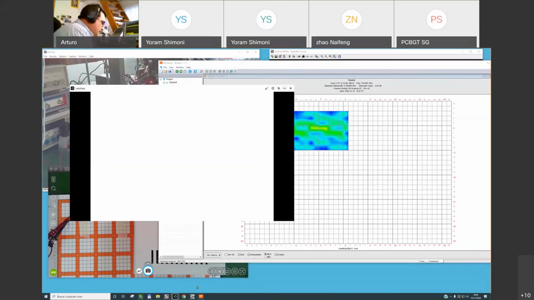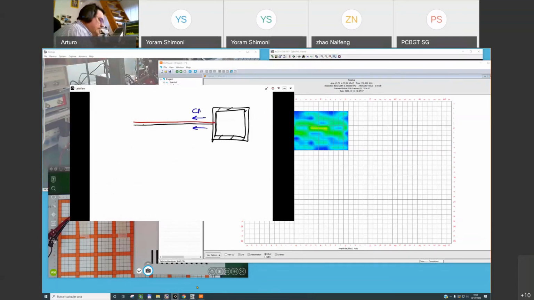we know that if you have a product, this is a metallic enclosure, and we have the red line and the black line with ground, and we have common mode current going in this direction, okay?